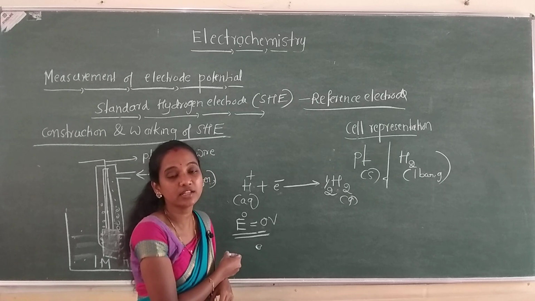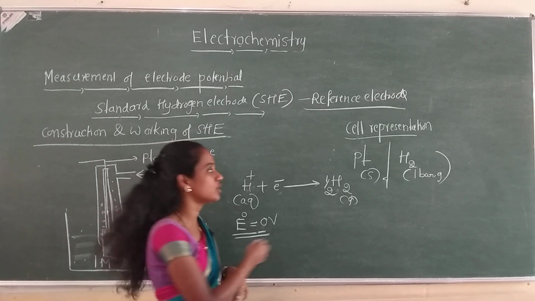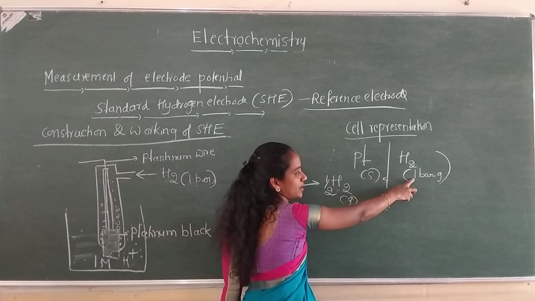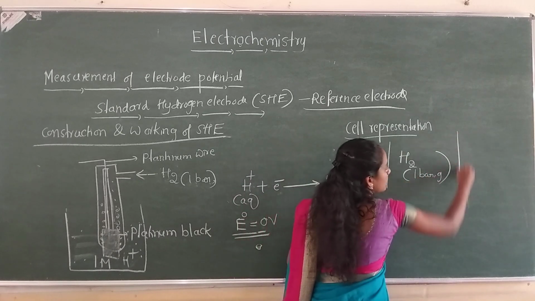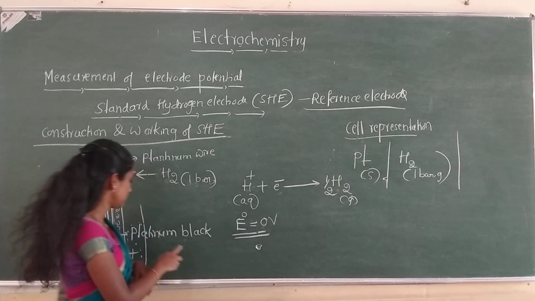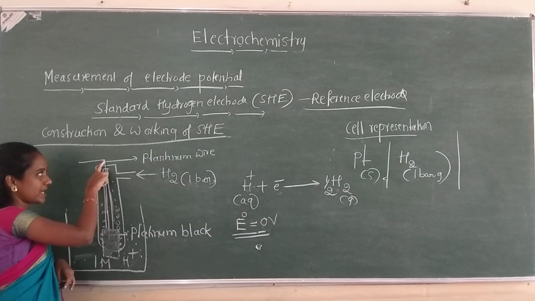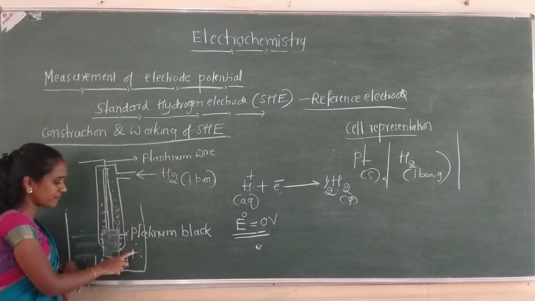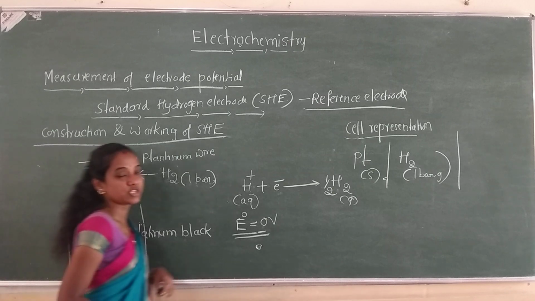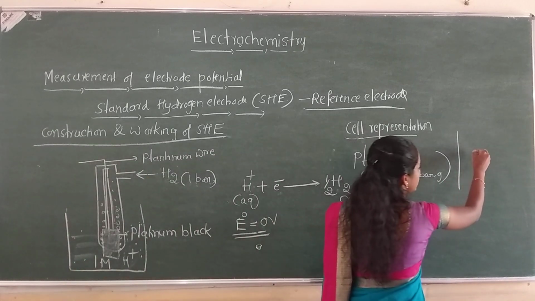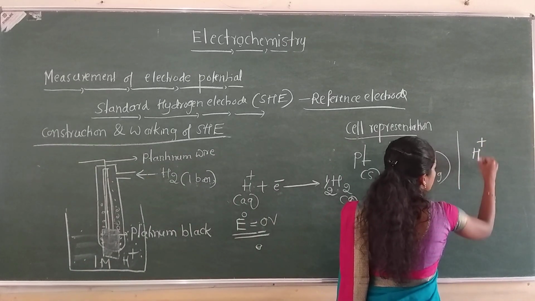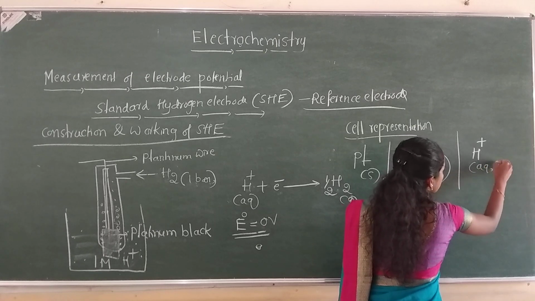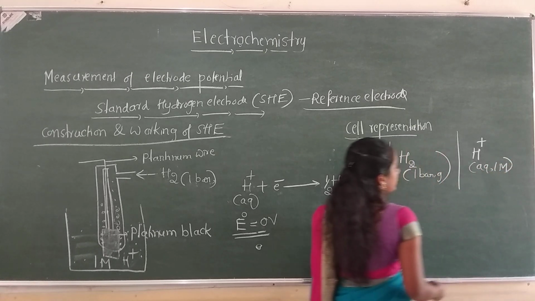Since it is a standard electrode, you should mention 1 bar. Again a vertical line, then the electrolyte, the acidic solution, that means H plus ion, aqueous, concentration 1 molar.